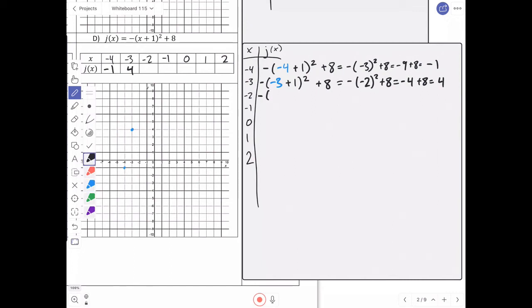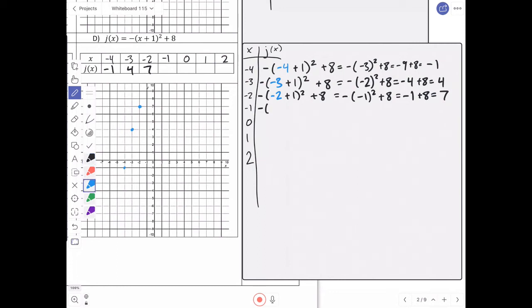And negative 2 plus 1 squared plus 8. Negative 2 plus 1 is negative 1 squared plus 8. Negative 1 squared is 1 plus 8 is 9, so negative 1 plus 8 is 7. So I had negative 2, 7. Okay.